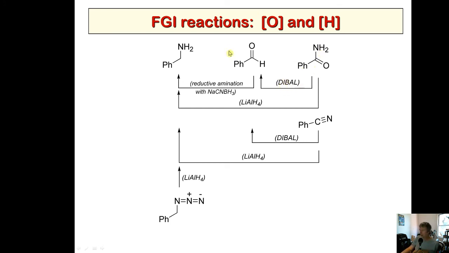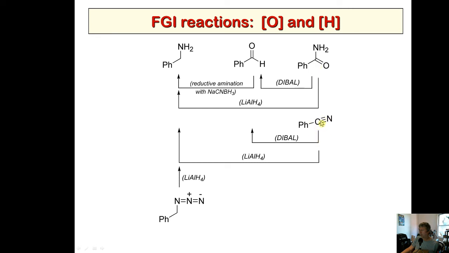Also from the aldehyde state, we can turn aldehydes into amines, and that's reductive amination with NaCNBH3. You can do this with ammonia, NH3, and NaCNBH3, and that will reduce the aldehyde to an amine. Of course, amides also can be directly reduced all the way to the amine just using lithium aluminum hydride.